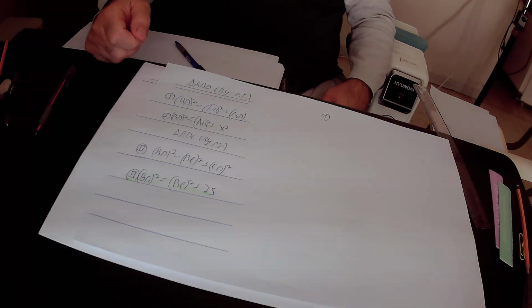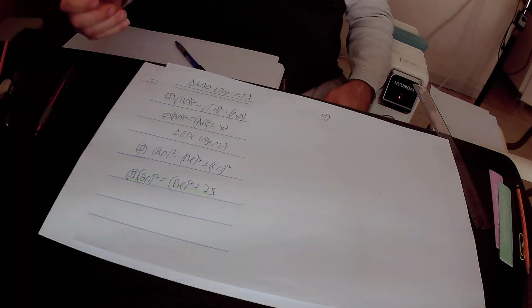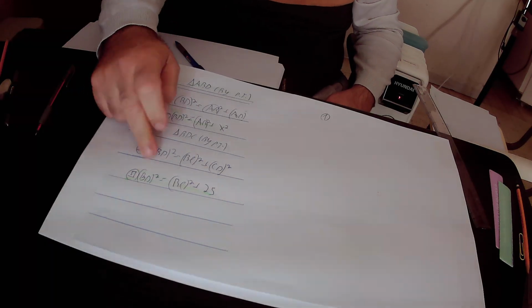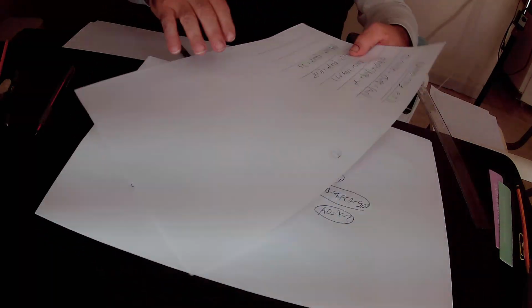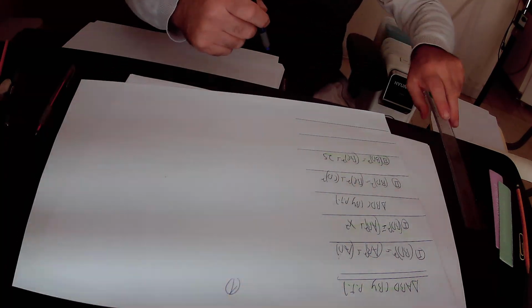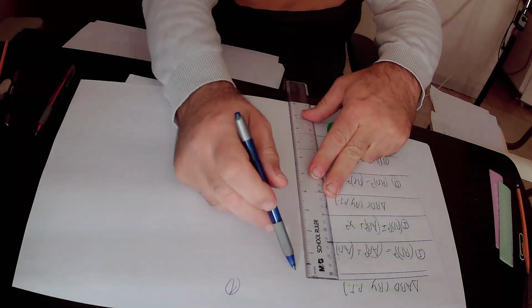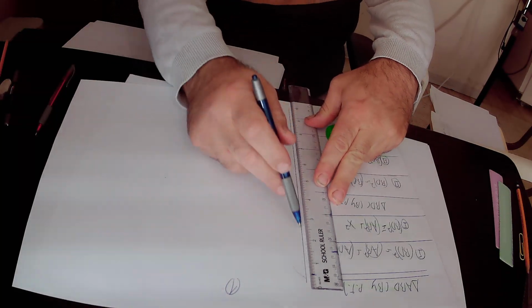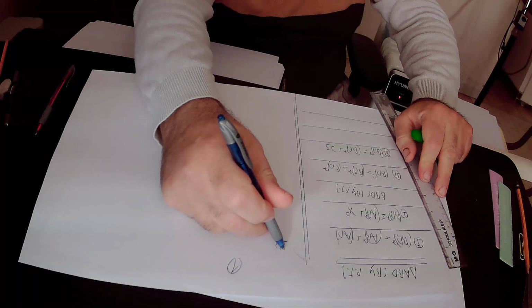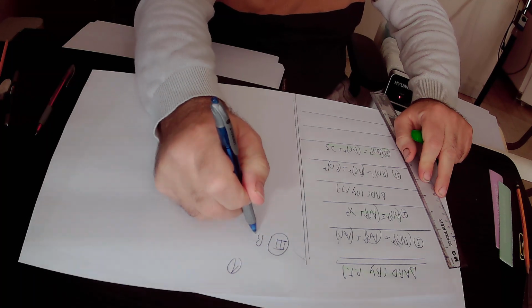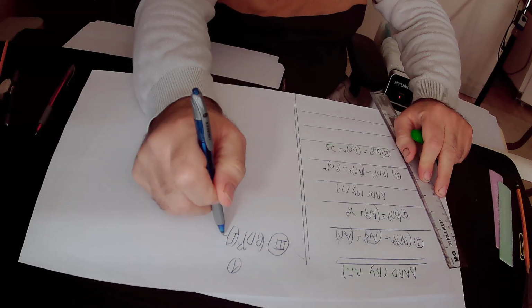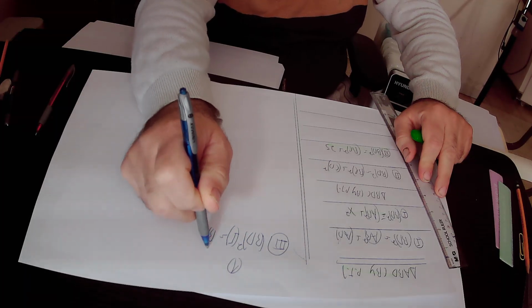Therefore, we will create equation 3, which says that BD squared according to equation 1 must be equal to BD squared according to equation 2.